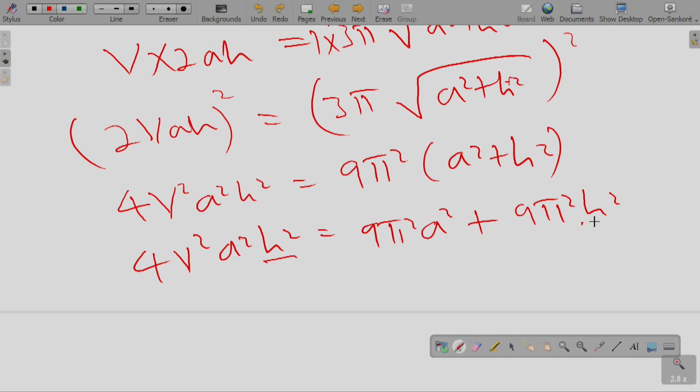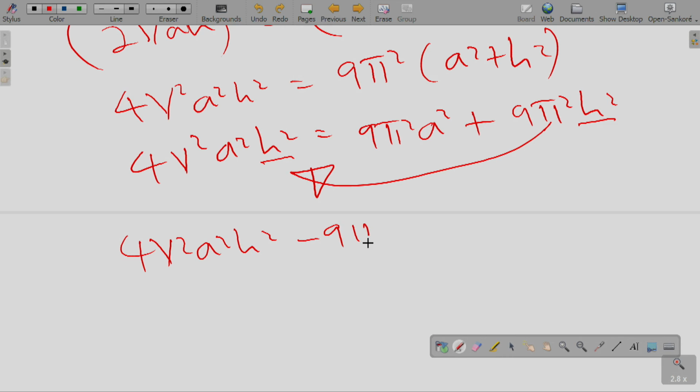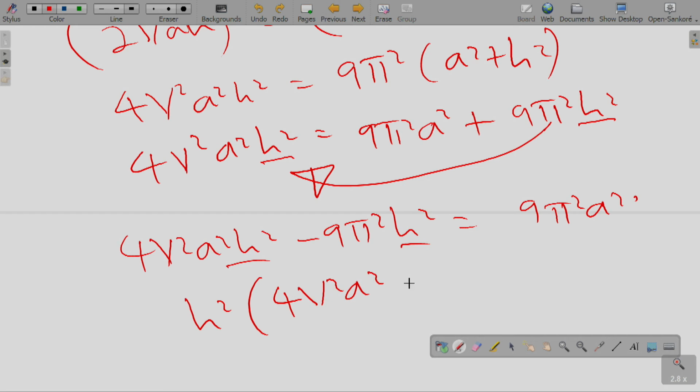So let's put the h terms together. Here you get 4v square a square h square minus 9 pi square h square is equal to 9 pi square a square. Let's take h common. Here you have h square times 4v square a square minus 9 pi square is equal to 9 pi square a square.